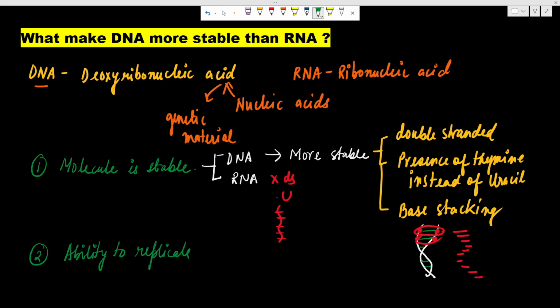So as you all can see, protein cannot replicate, and thus proteins are absolutely not the genetic material. DNA and RNA, both molecules qualify for this particular point, right? But ultimately, there are other factors also which will be considered, right? Next, let's move on to the next point.